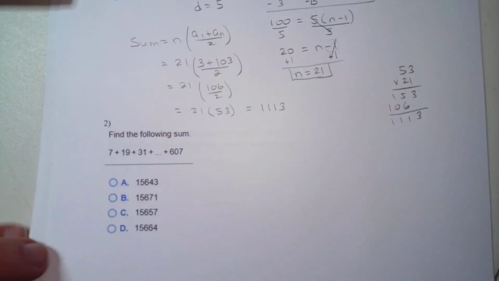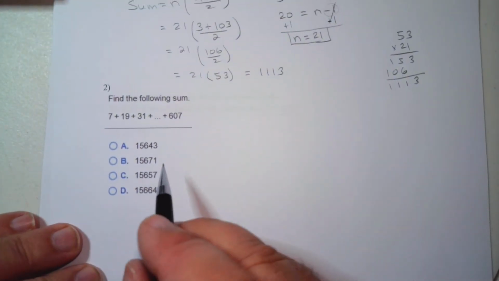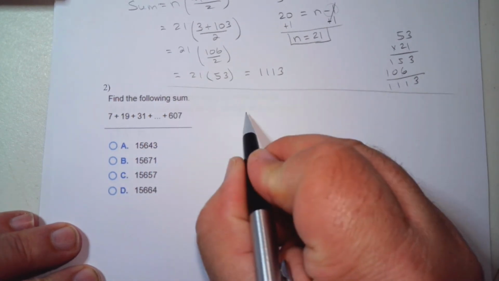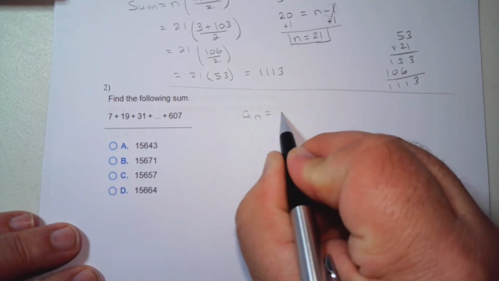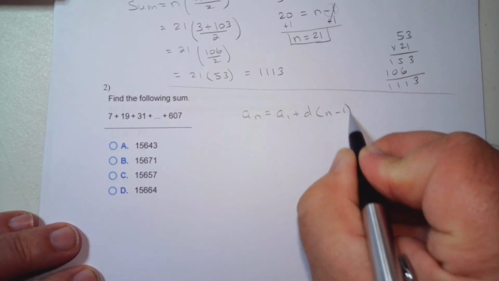Okay, let's do it again with the next one. Number 2. Again, we're going to use the same equation, since we're looking for the sum, we just don't know how many we have.